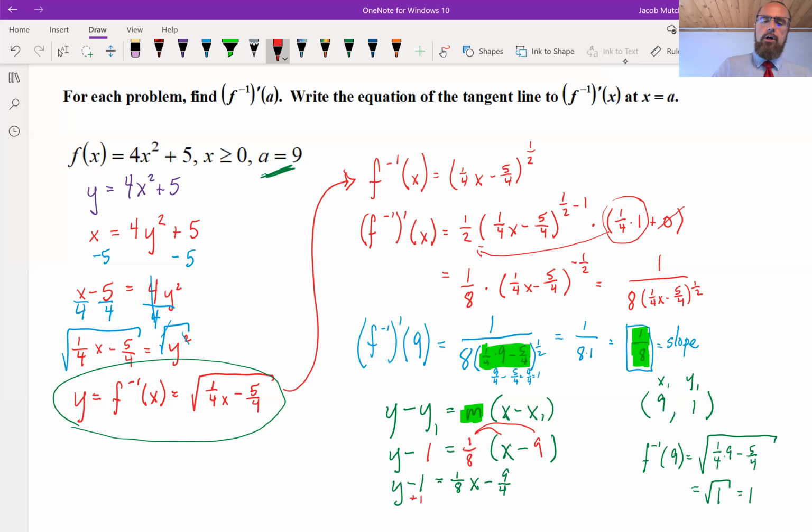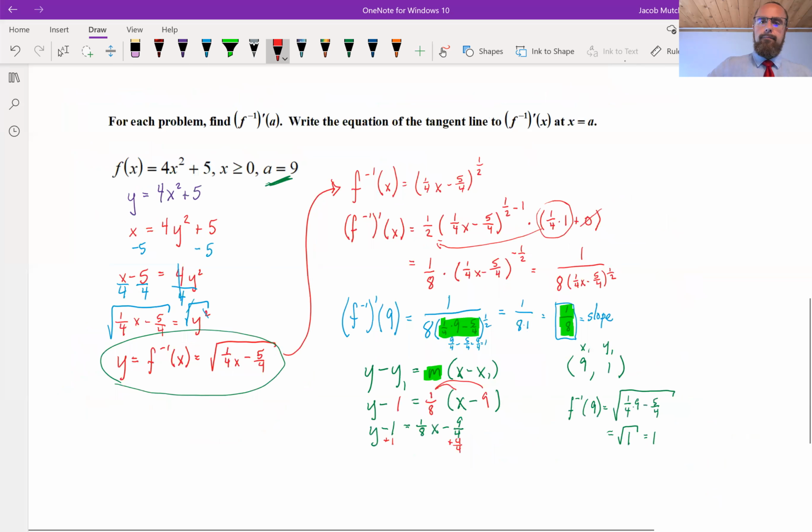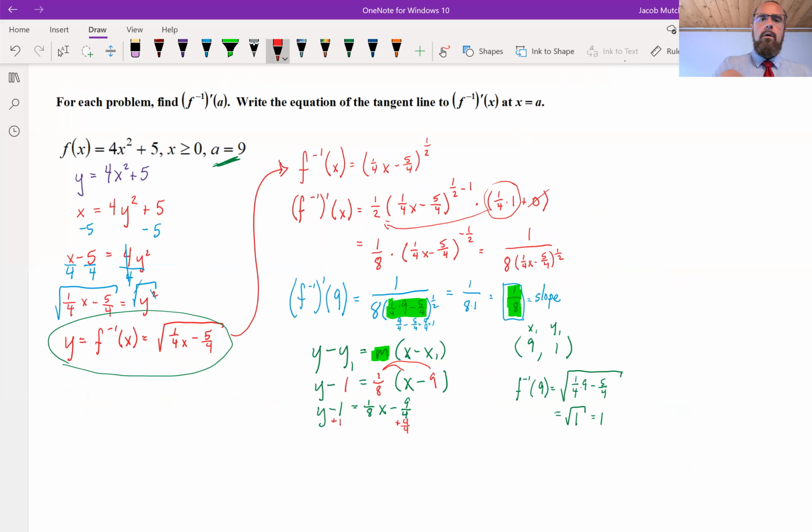But I'm going to call it 4/4 there on the right side. And that'll finalize it for us. We get the equation y equals 1/8 x. And then negative 9/4 plus 4/4 is going to be minus 5/4. And that completes that task.